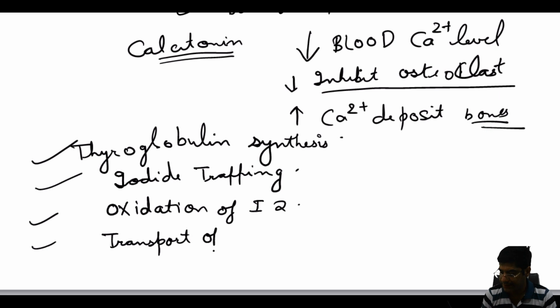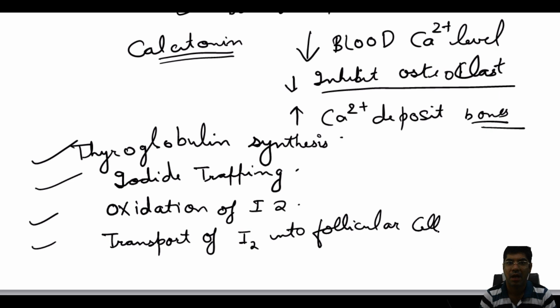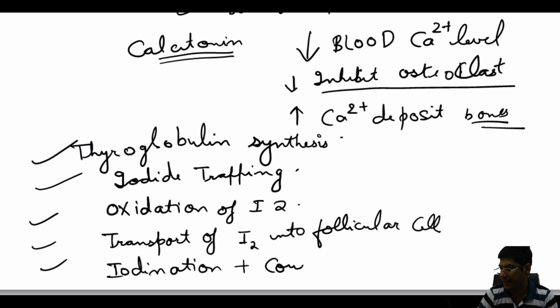The next step is iodination and the coupling reaction. Iodination involves the binding of iodine to tyrosine residues, forming monoiodotyrosine or diiodotyrosine. These tyrosines undergo a coupling reaction.